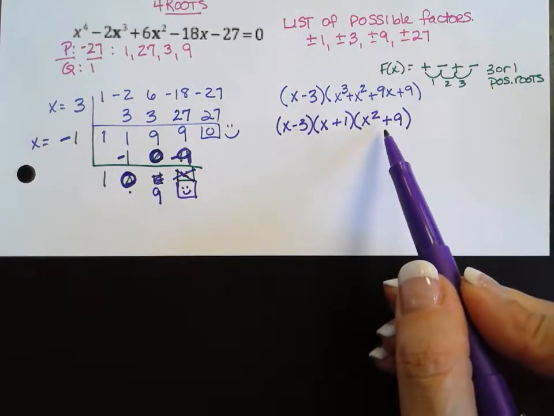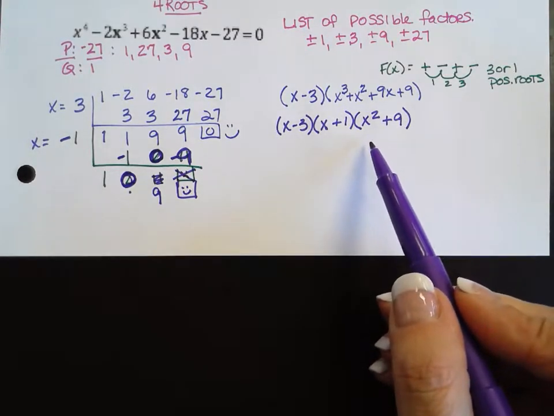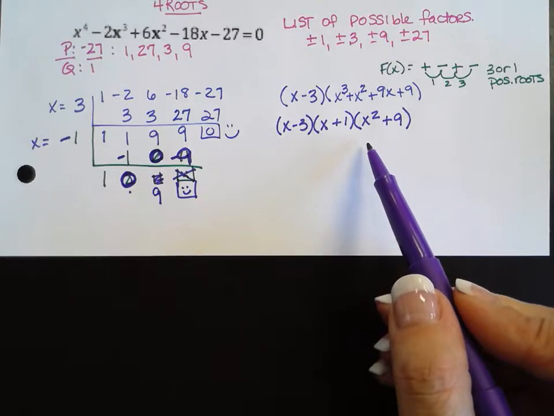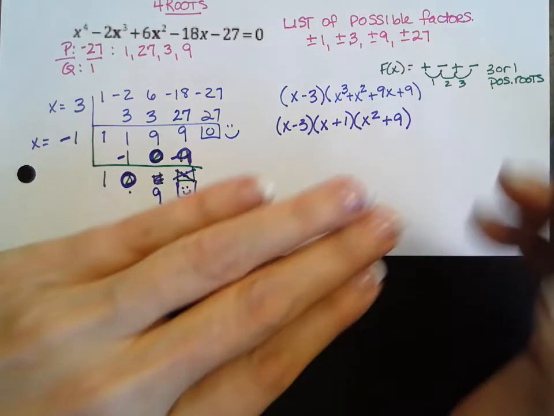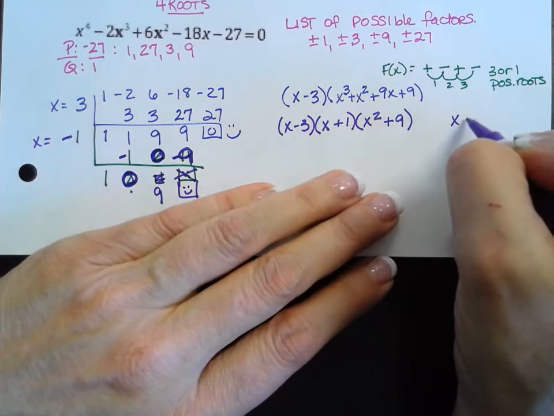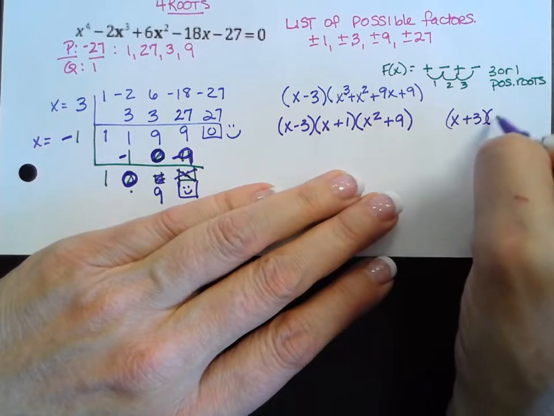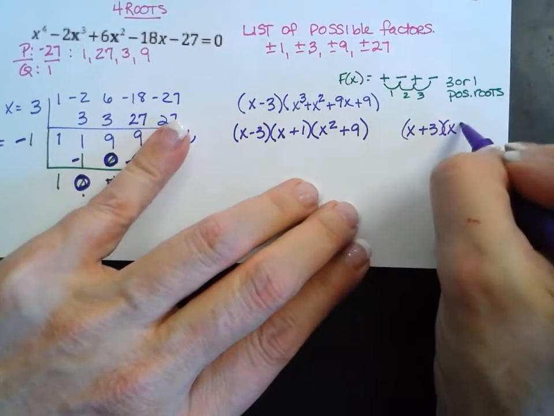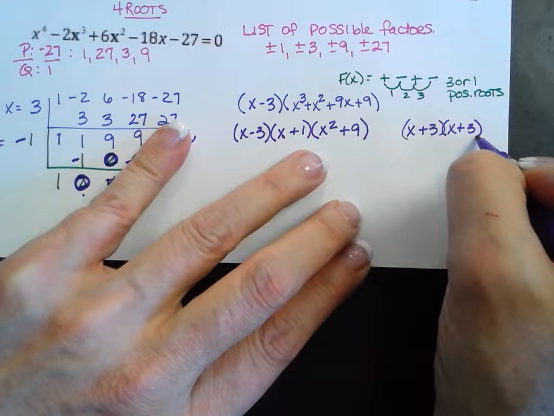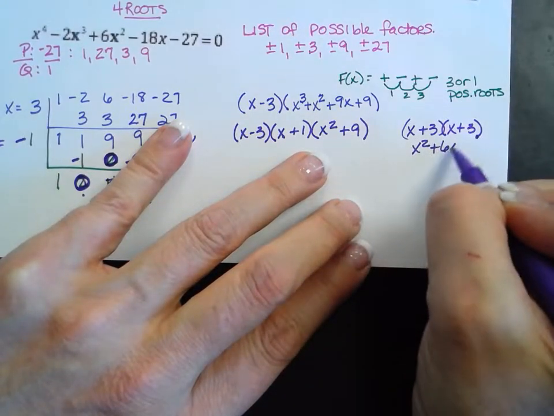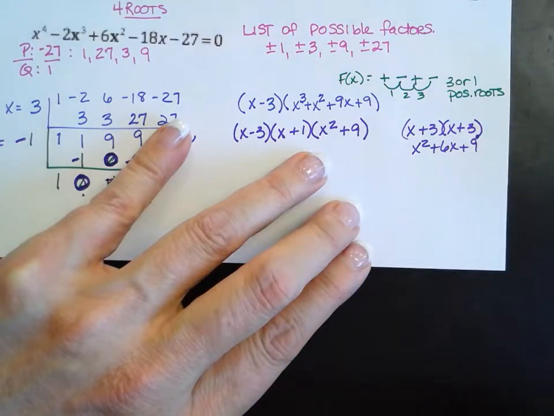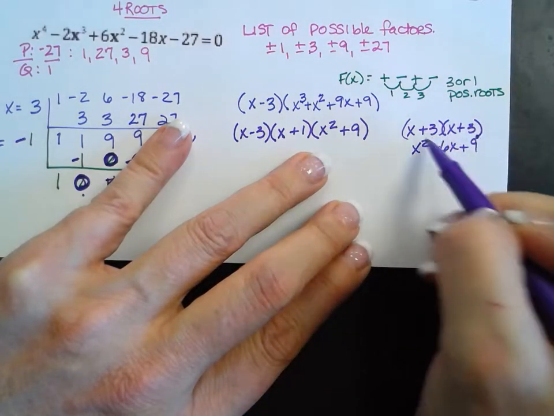And can I factor this x squared plus 9? You're all shaking your head yes. We do x plus 3, plus 3. I'm going to get x squared plus 6x plus 9. Because when I FOIL.